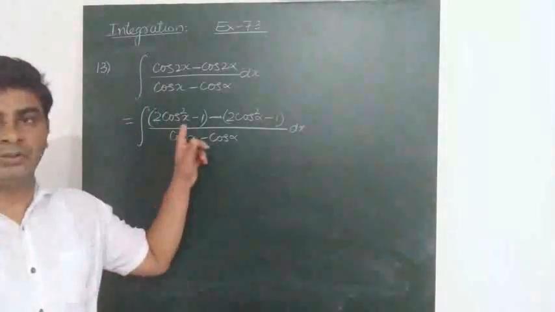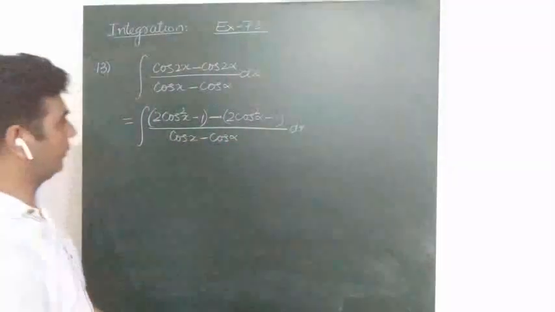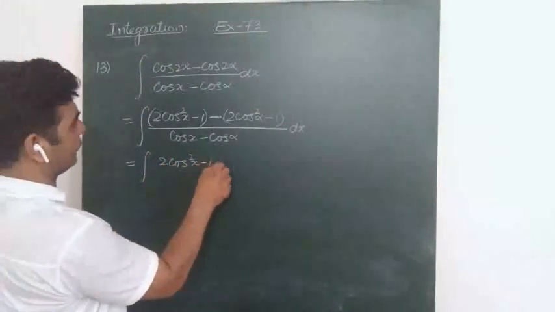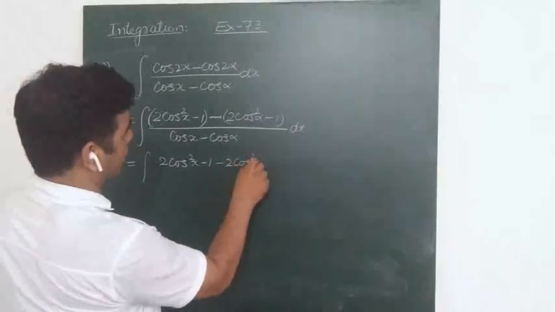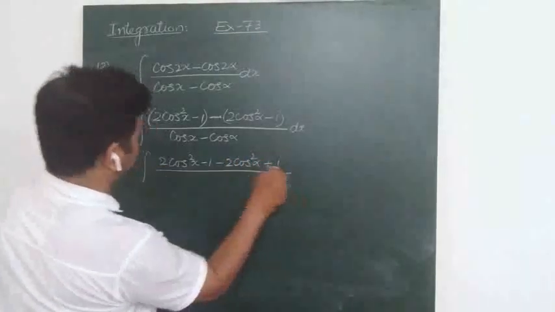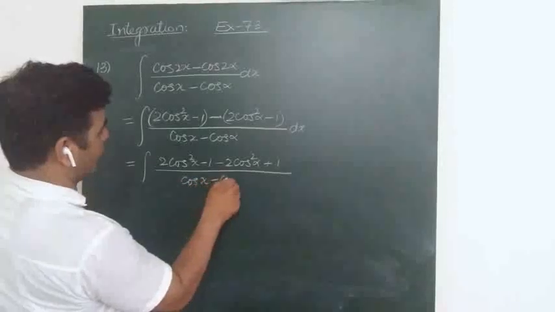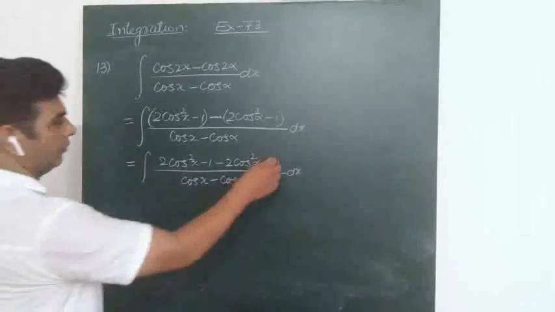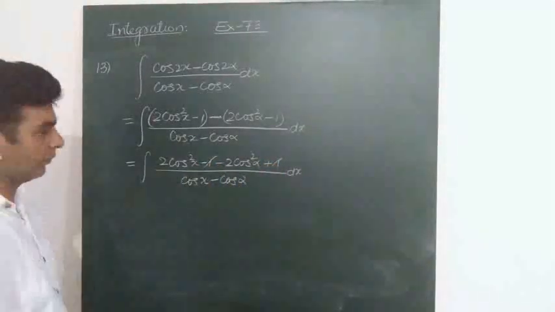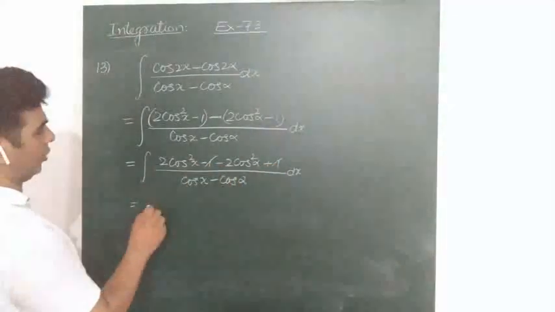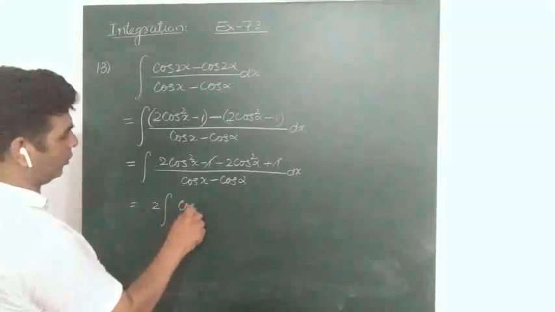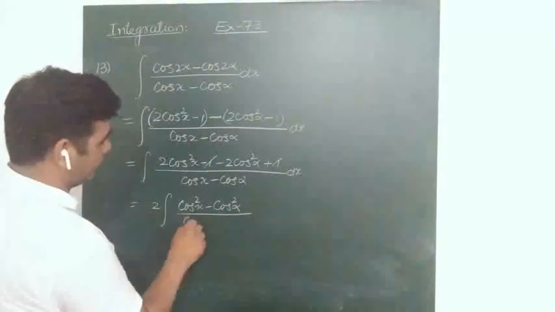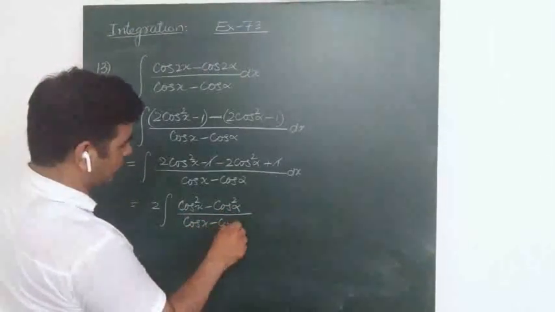Now, after opening the braces, you will find this is 2 cos square x minus 1 minus 2 cos square alpha plus 1 and divided by cos x minus cos alpha into dx. 1 and 1 cancel. 2 can be taken common, so this is your cos square x minus cos square alpha divided by cos x minus cos alpha.